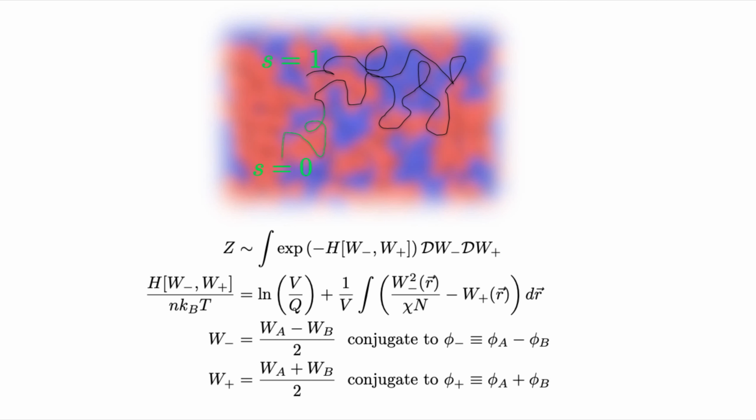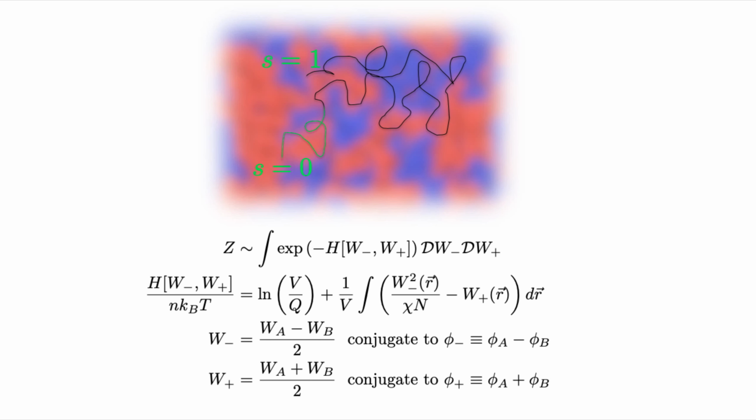Rather than writing WA and WB, which act on A and B monomer concentrations, I've written the fields as a composition field, W-, that couples to the difference in A and B monomer concentrations, and W+, a pressure field that couples to the total concentration. Now it's just a matter of calculating the integrals in order to determine the behavior.